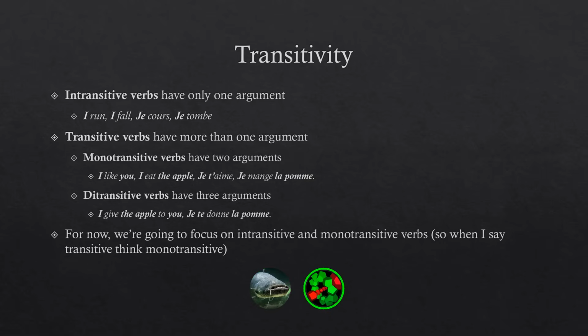Is it actually technically ditransitive in English, or is it just a translation of the French one? Sorry, can you say that again? Is it actually technically ditransitive, or are we just saying I give the apple is one clause and then it has an additional clause, part of a bigger clause that has two in it? Based on all of the definitions of clause that I'm familiar with, I wouldn't say so.